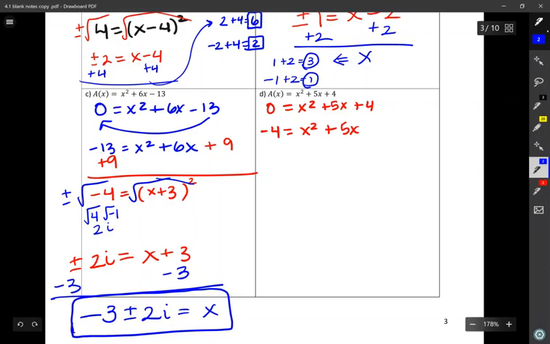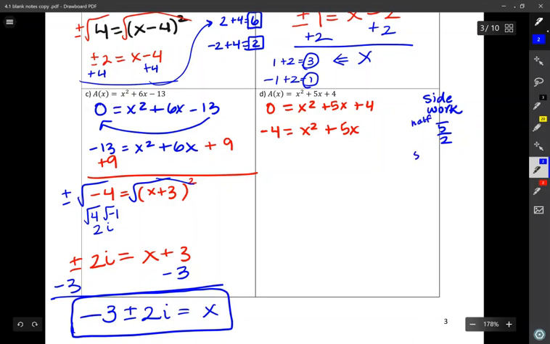So what I'm going to do for this one is some side work, and it's actually easier if you leave your answers as fractions than giving them as decimals. So half of your middle term is 5 over 2.